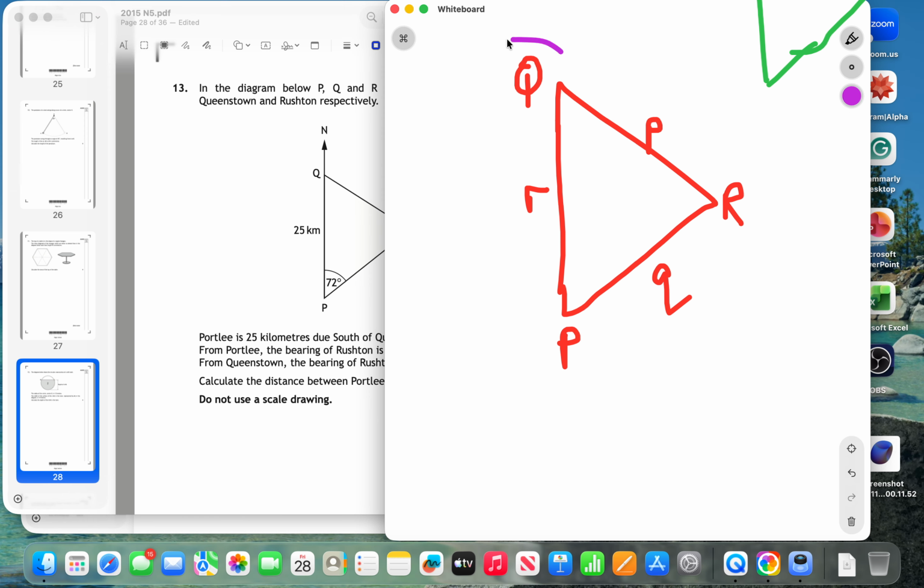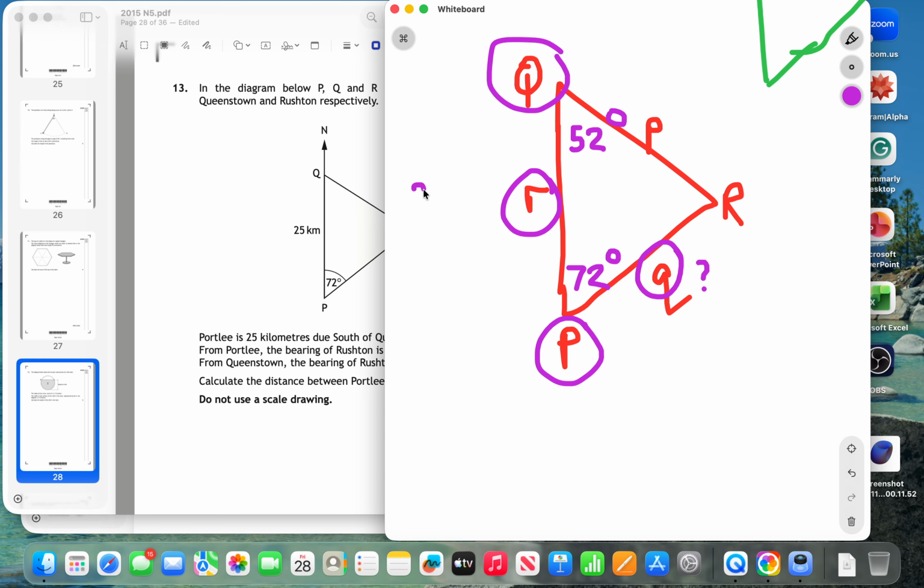So we know this angle. That angle is 52. I would suggest doing it this way as well. Then you know which of the formulas to use. 72, so we know both of them. We need to find q, and we know this length of 25 kilometres.